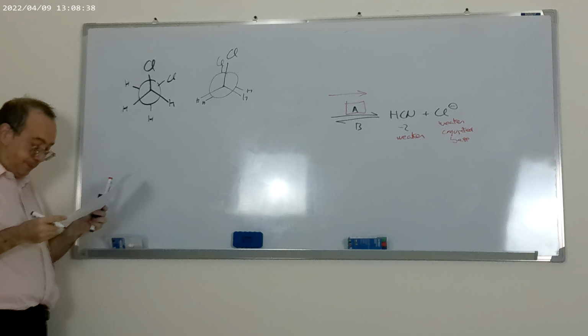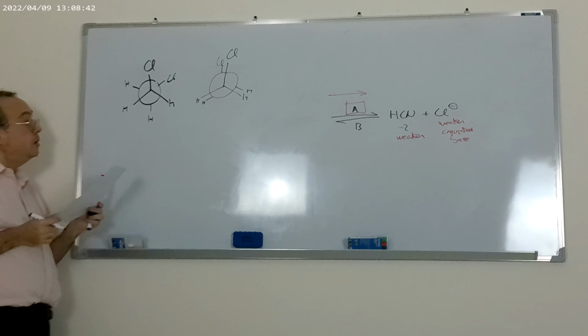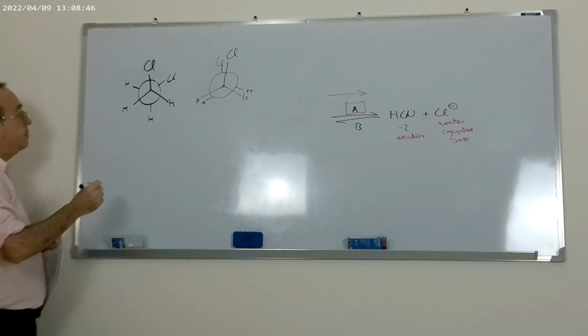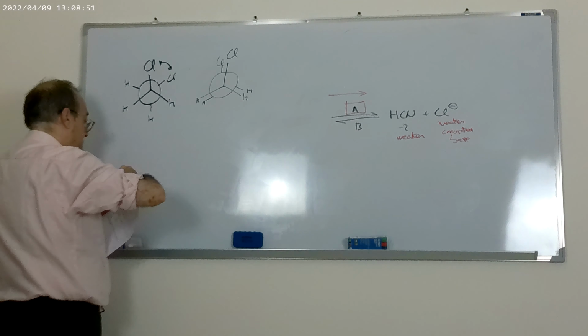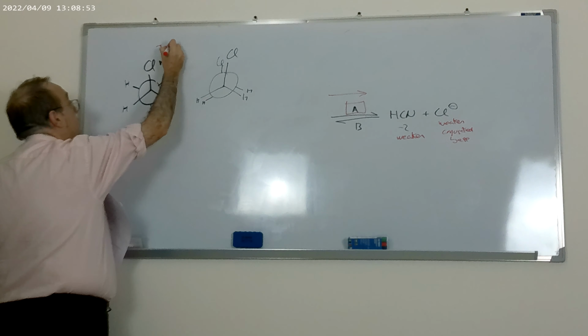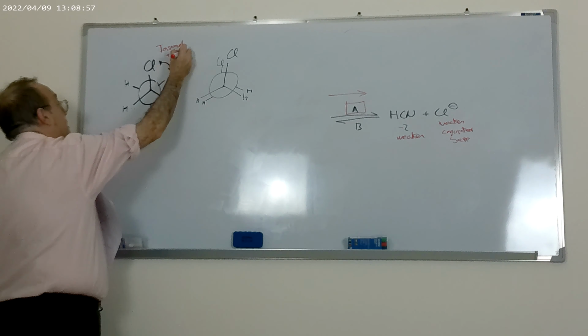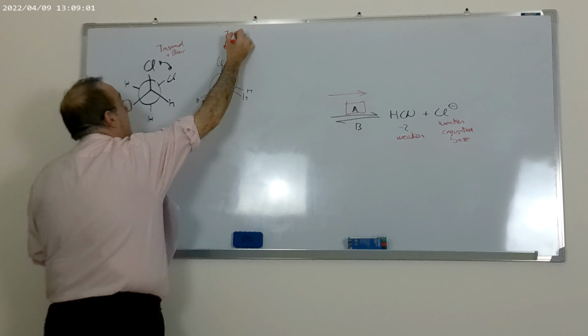First of all, they ask which are the strains that we can see in the molecules. Basically, the strain here will be mainly torsional plus steric strain, while here we will have only torsional strain.